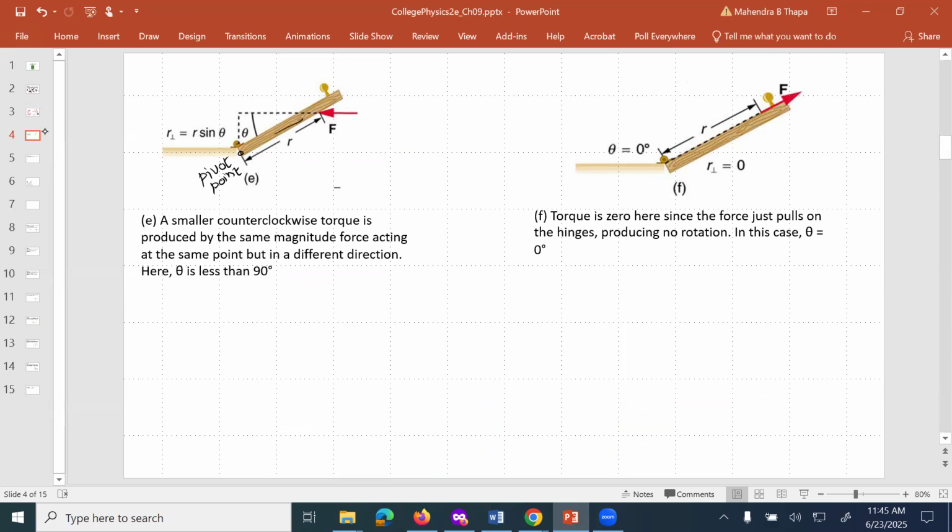As shown in the figure, this angle theta is the angle between vector R and vector F. Okay, so you can write the torque in this situation, say tau 5 equals R times magnitude of force F and sine theta.